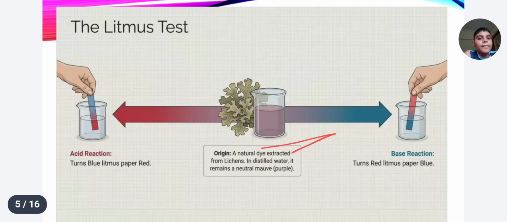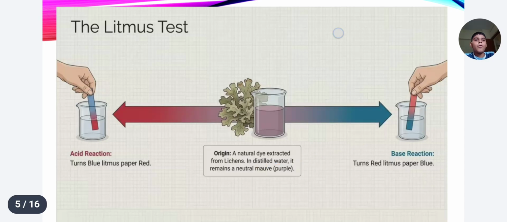From the basic we get blue litmus, and from the acidic reaction we get red litmus. We can use them for other observations. So in a base reaction, red will turn to blue, and in an acid, blue will turn to red.